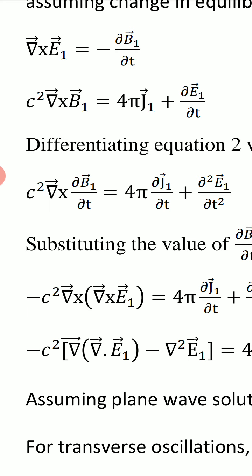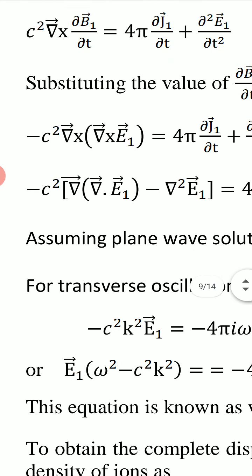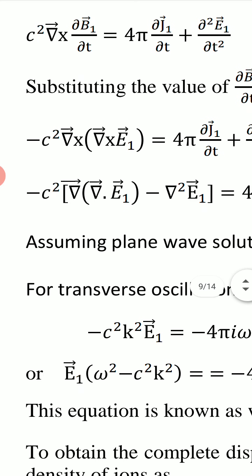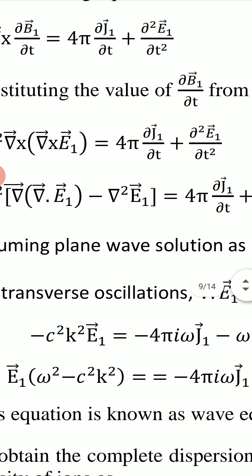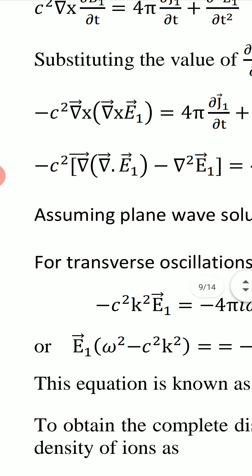We put this value in this equation and get minus c square del cross del cross E1 on the left hand side, and the right hand side is 4 pi delta J1 upon delta T plus d2 E1 upon dt square.